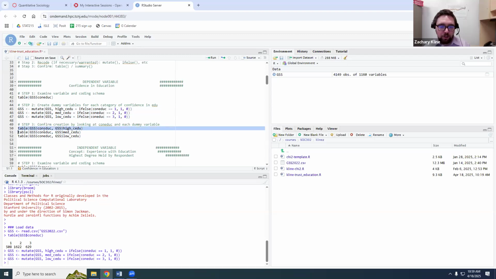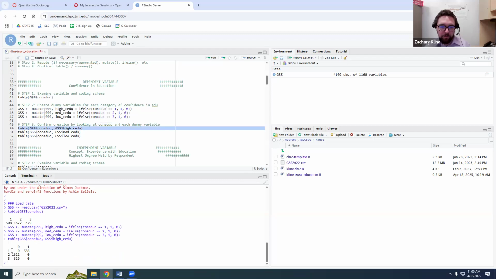So this is a crosstab between confidence in education and high confidence in education. If this recoding happened correctly, then what we would expect is that everyone who has a value of 1 for conEDUC has a value of 1 for highCEDU. And if they do not have a value of 1 for conEDUC, they'll have a value of 0 for highCEDU.